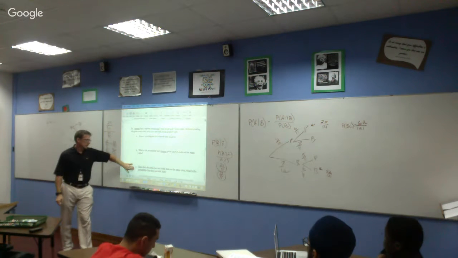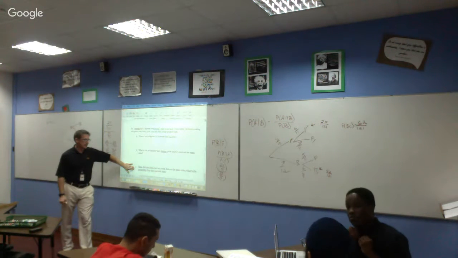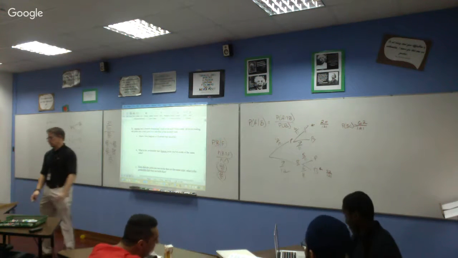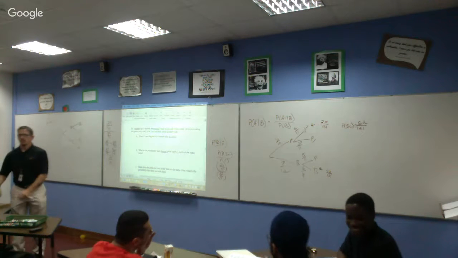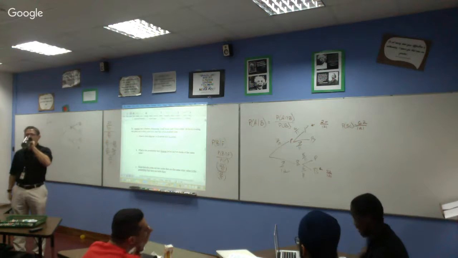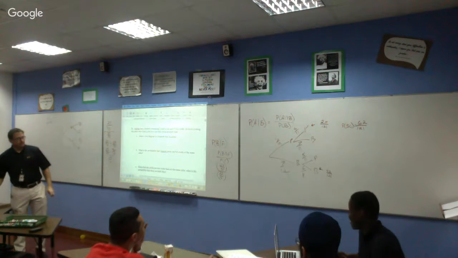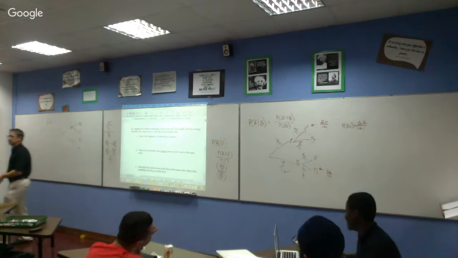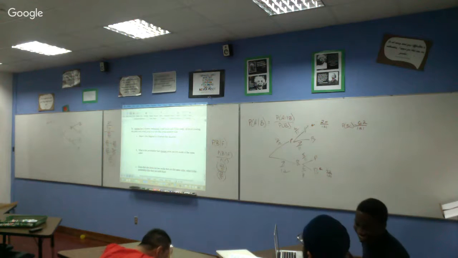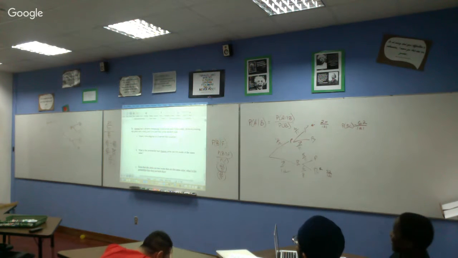Done. Given that she picks out 2 socks that are the same color, what's the probability that they are both blue? 42 out of 121. Excellent question.